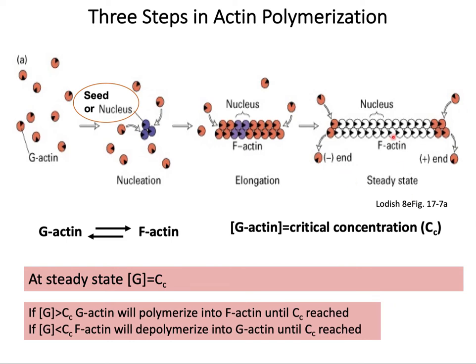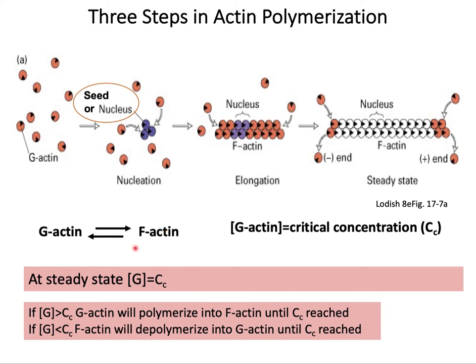Now, steady state happens at a certain G-actin concentration, and this G-actin concentration is known as the critical concentration. It is the concentration of monomers at steady state. Again, repeating, it is the concentration of the G-actin monomers at steady state that is known as the critical concentration.